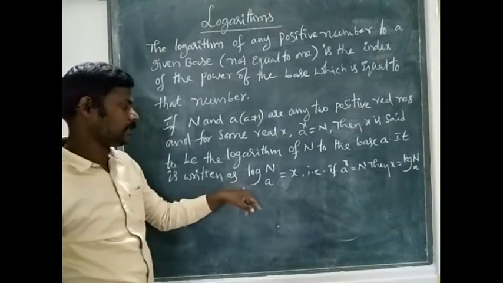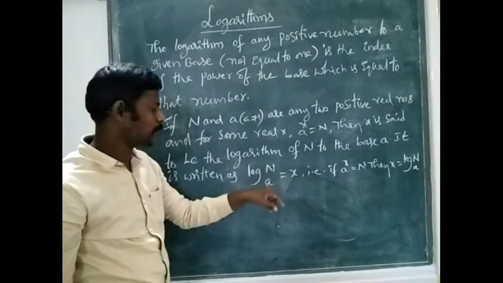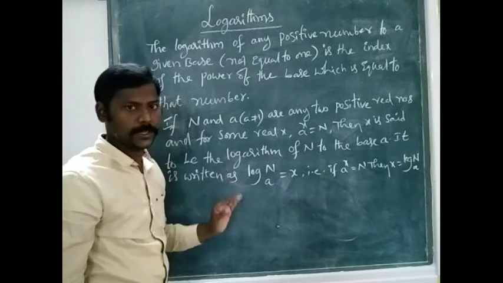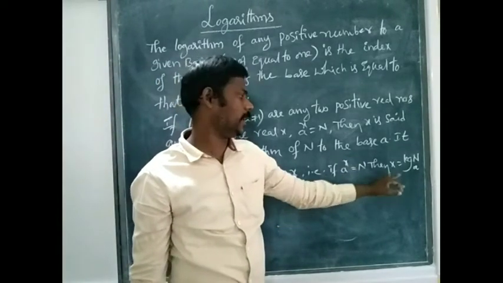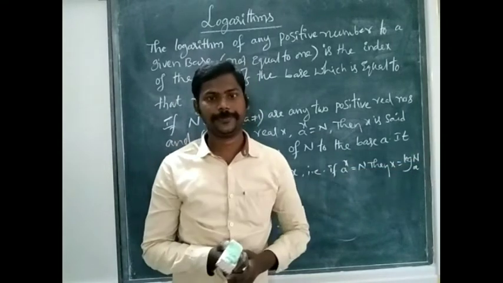It is written as log n to the base a equal to x. That is, if a power x equal to n, then x equal to log n base a.